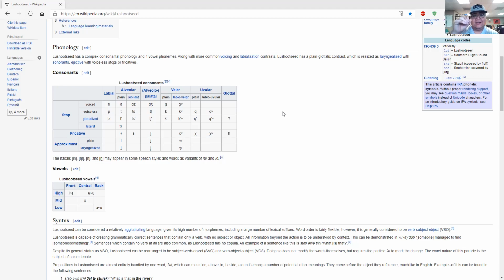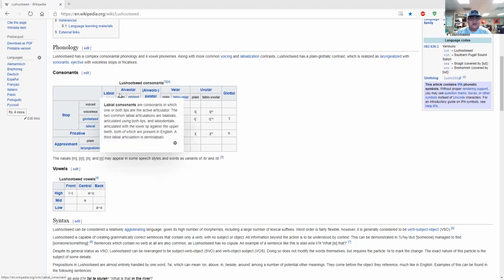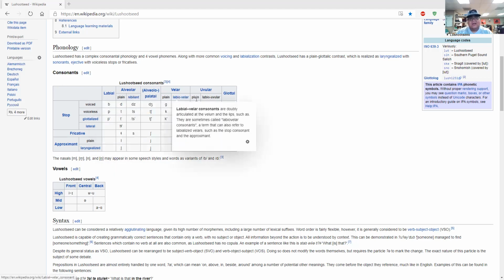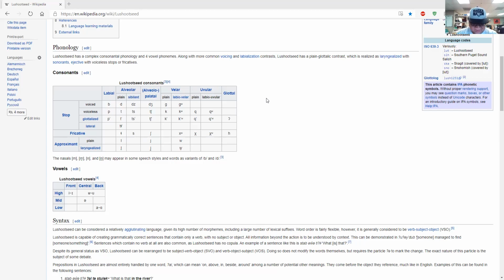So you look at it going from left to right, which is where the sounds are coming from in your mouth. Labial. So what does labial sound like?